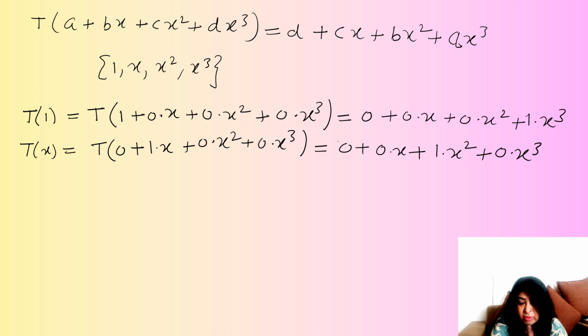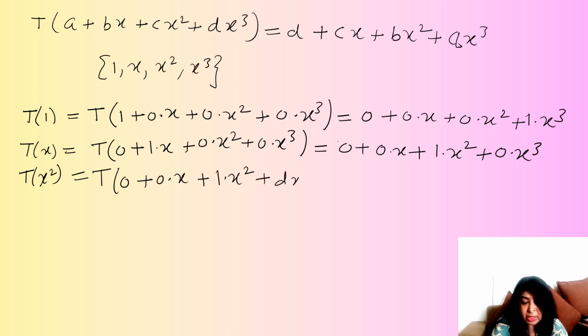Next we have T of x square, which is T of 0 plus 0 into x plus 1 into x square plus 0 into x cube. So c is 1. So we have 0 plus 1 into x plus 0 into x square plus 0 into x cube.